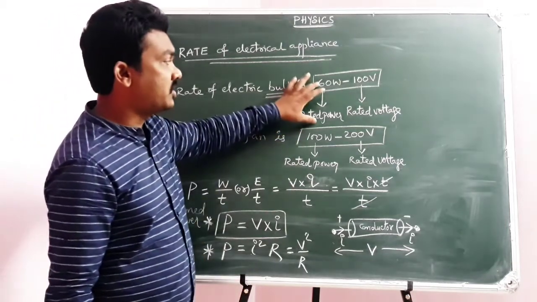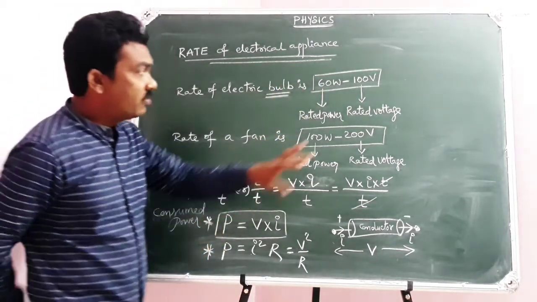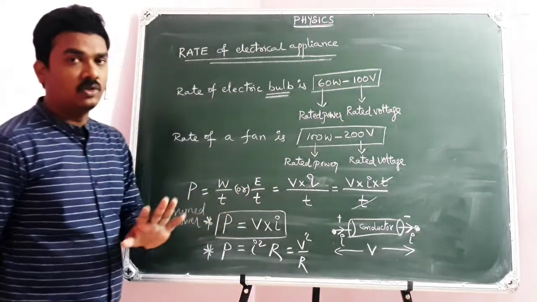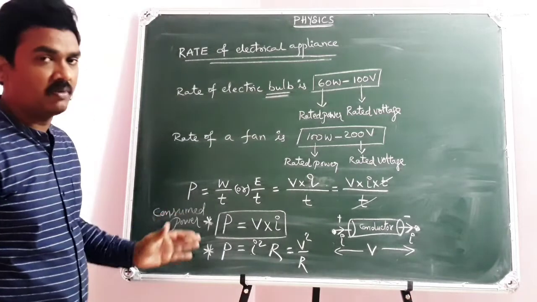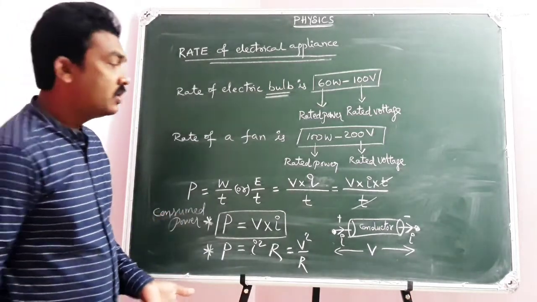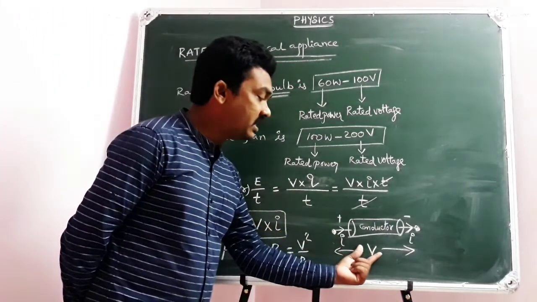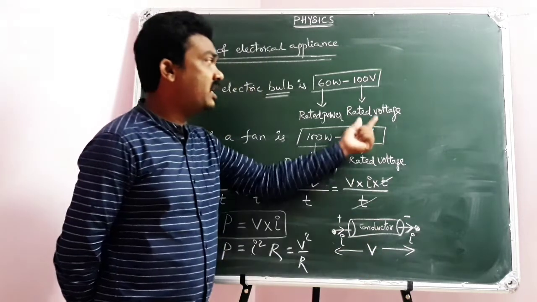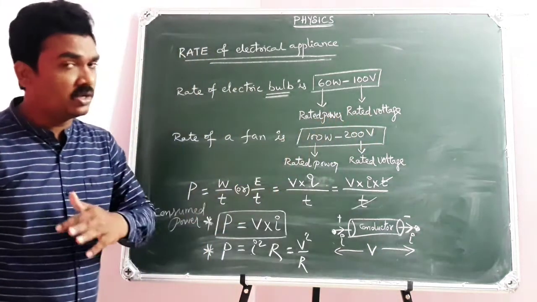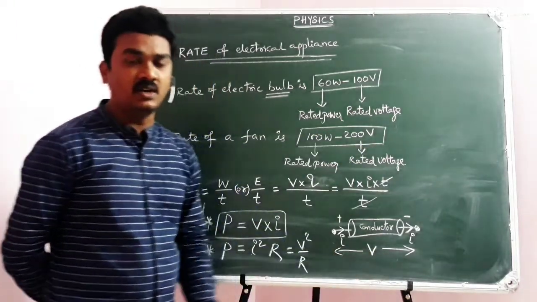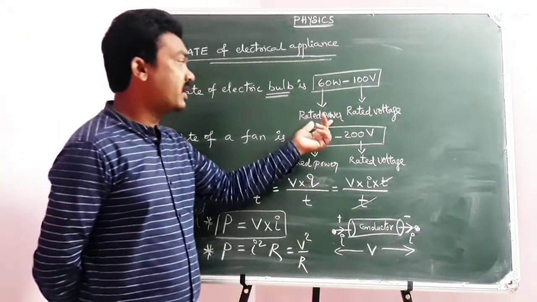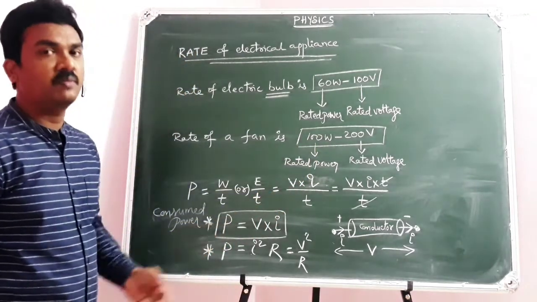But rated power is fixed. So rated voltage is fixed. So don't think that the rated power should be the same as the consumed power. Need not be. Don't think that the potential difference across the appliance should be the same as the rated voltage. Need not be. Rated voltage can be different from the applied voltage in the electric circuit. Rated power can be different from the consumed power.